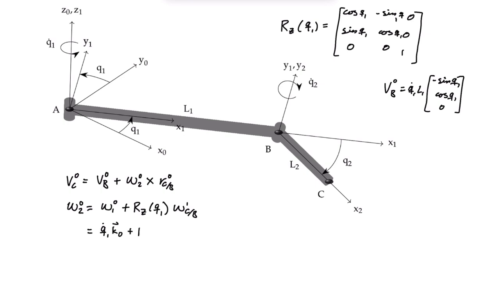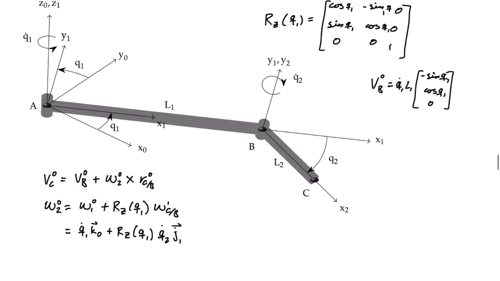And then we have plus RZ q1, and this one is q2 dot multiplied by the y axis. So we have q2 dot multiplied by j in the reference frame 1. Now if we write this one out, we get that we have 0, 0, and then q1 dot. That's the angular speed 1.